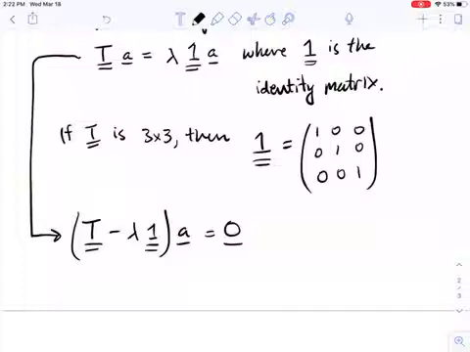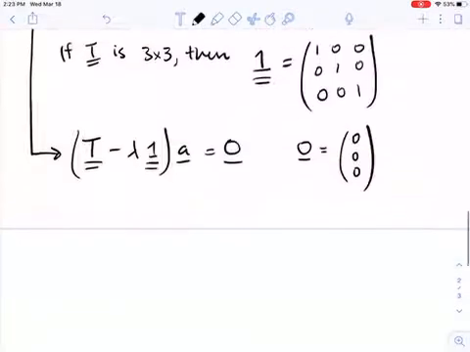So here, if this was a 3 by 3 case, the column vector 0 would just be a column of zeros. Okay, so fine.